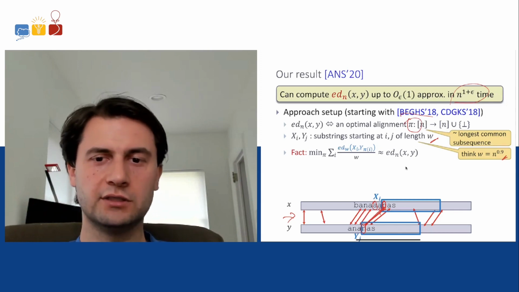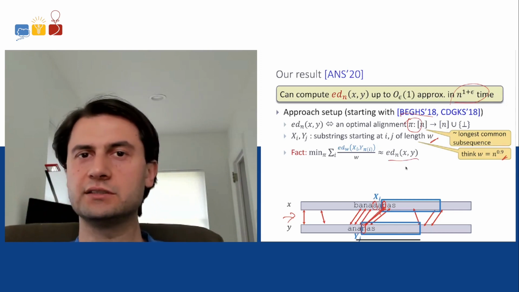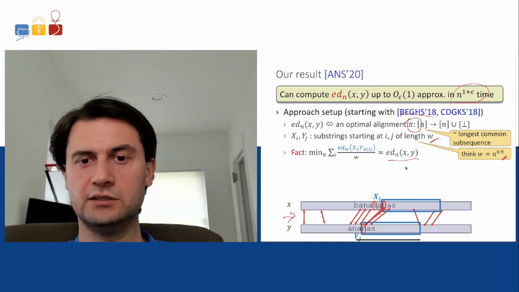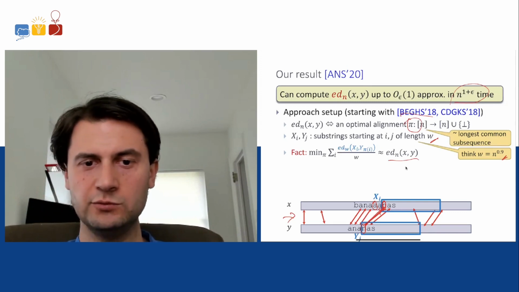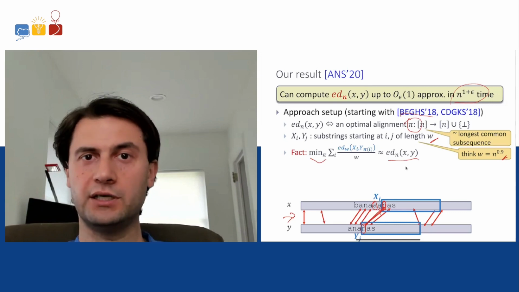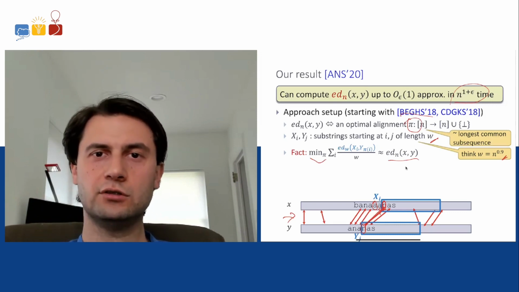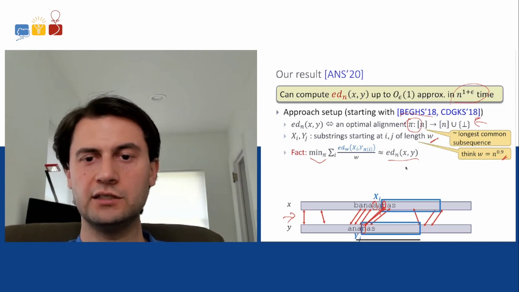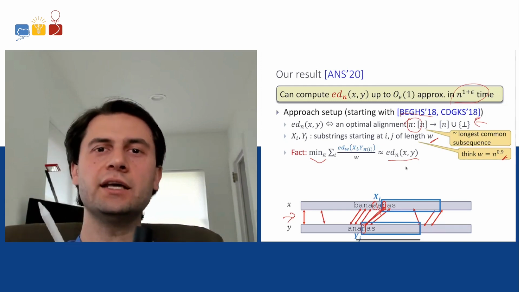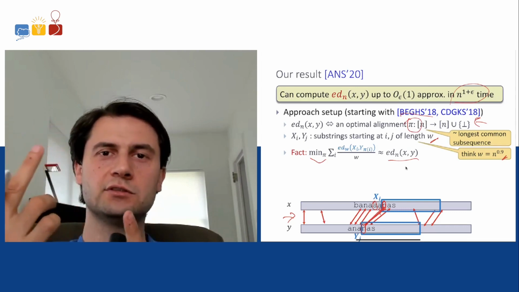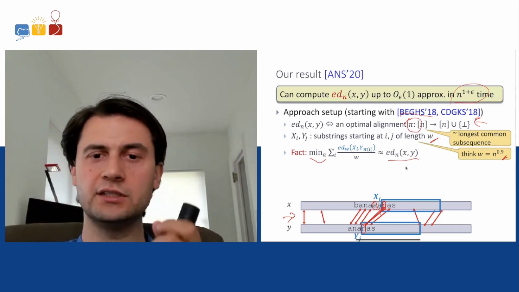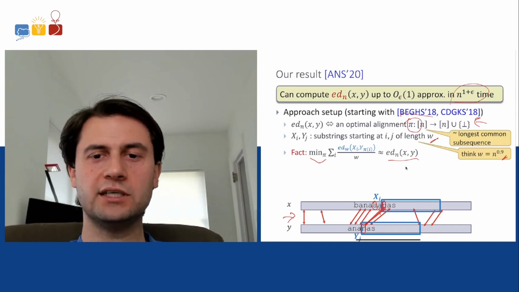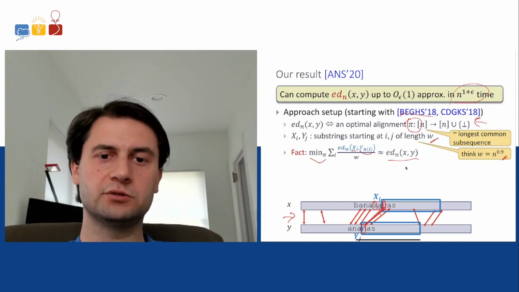The edit distance between the strings x and y is well approximated by a minimum over all alignments pi, again non-crossing, the same property as this alignment here. Aligning one block to the other means that we take the block Xi, look at its matching block Y of pi of i, and compute the edit distance between them.